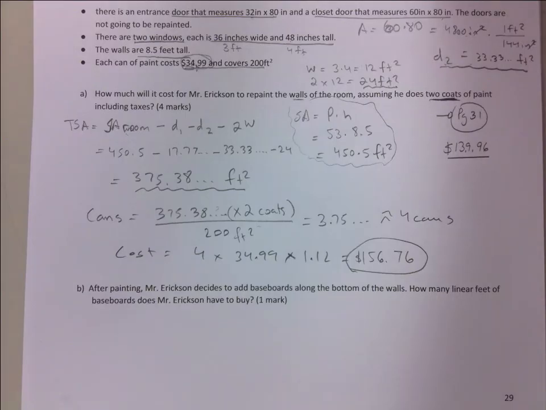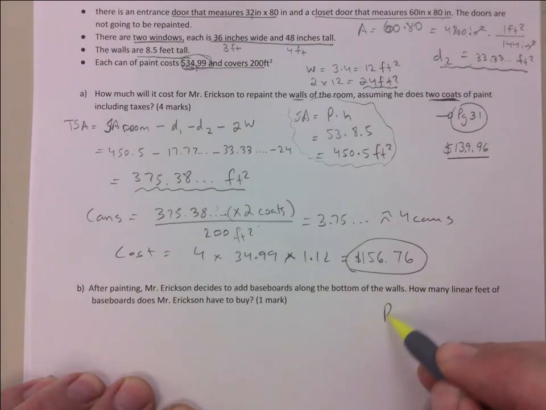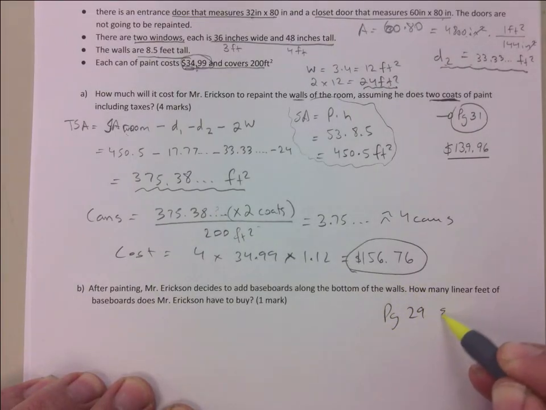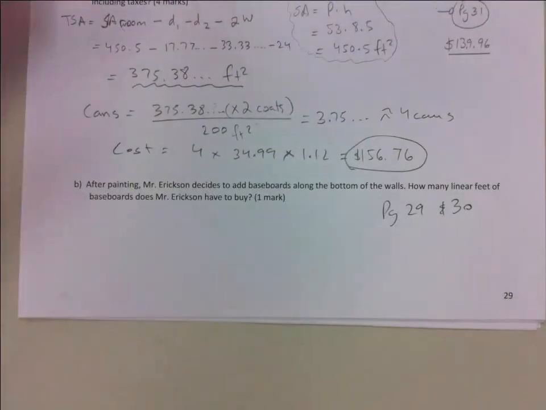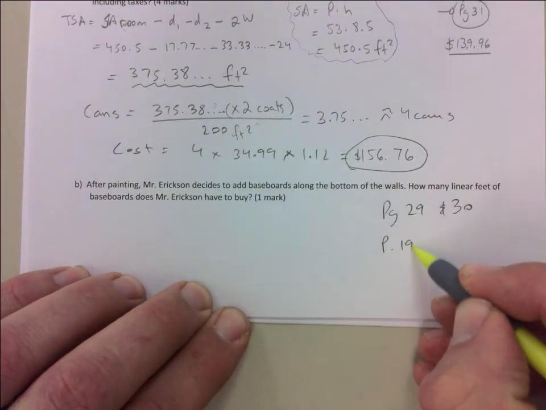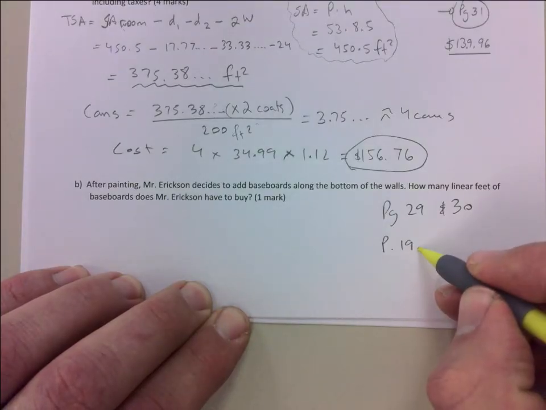Okay, hold on. I want you to try the rest of 29 and 30. Okay? And then if you're adventurous, page 19, I don't know if you remember the truncated cone. Page 19 has the key.